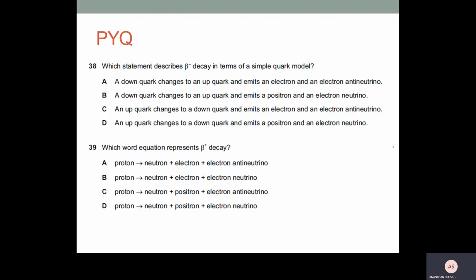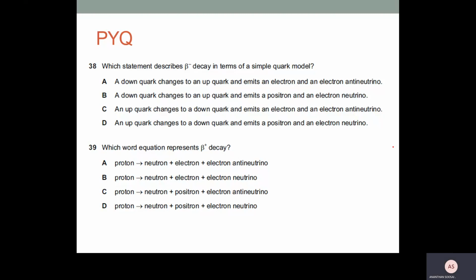If it is beta plus decay, then what's the answer? Beta plus, proton changes to neutron, totally opposite, right? The up quark changes to a down quark, and emits a positron and a neutrino. One matter, one antimatter.